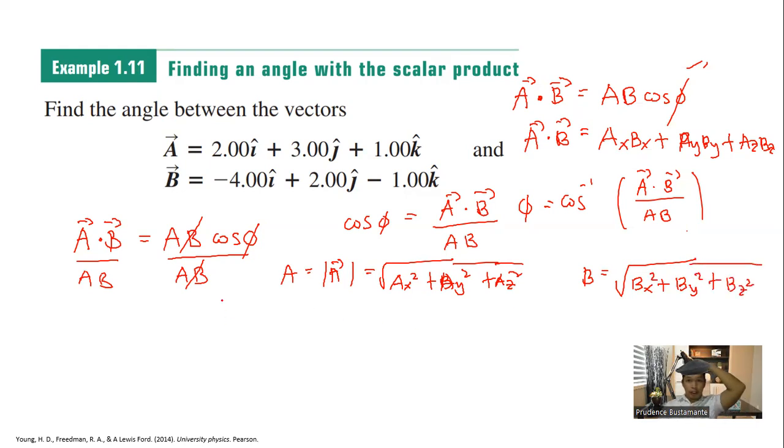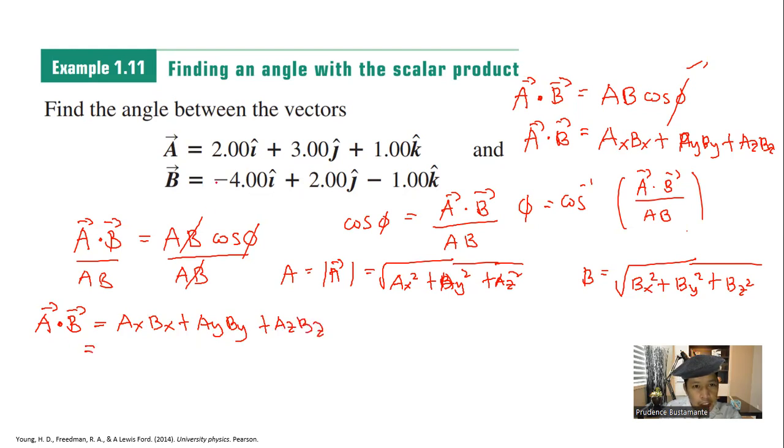So first, we need to find A dot B. Since to get the angle, we need to find first that A dot B. So A dot B is just equal to AxBx plus AyBy plus AzBz.